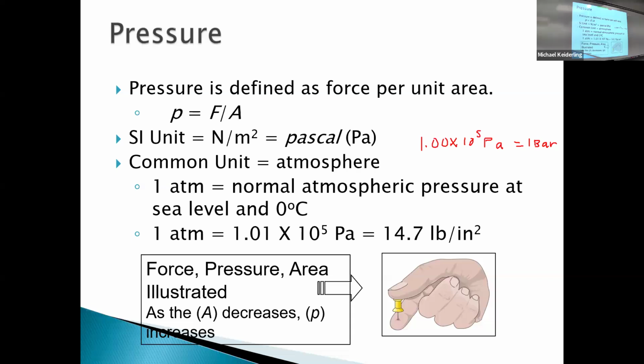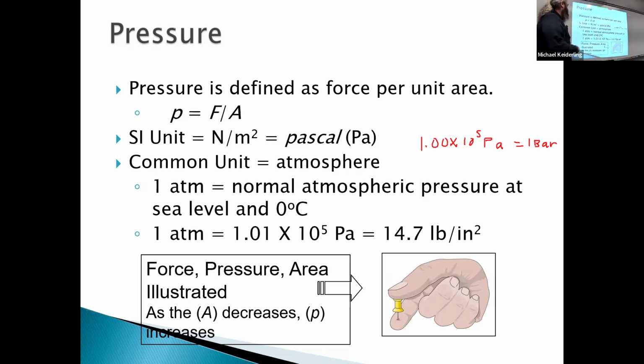Okay, and according to the weather app, it's 1.0122. So that's not too far off. It's a little higher than average atmospheric pressure, but it's also warmer than 0 degrees Celsius. And it changes with the weather.